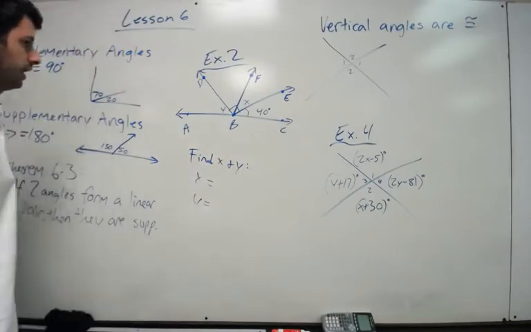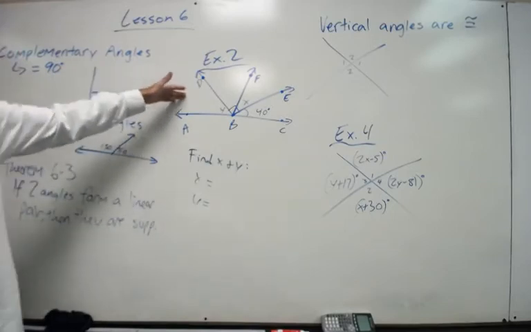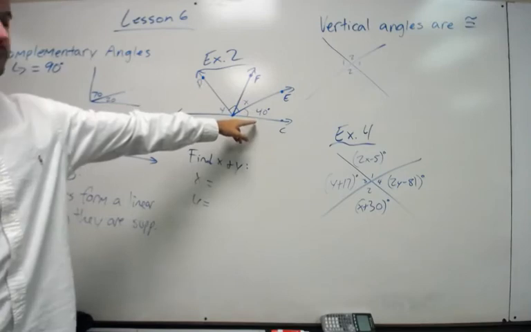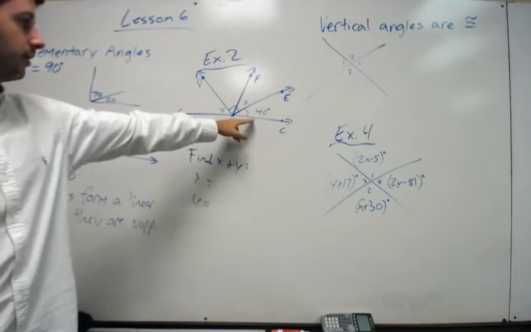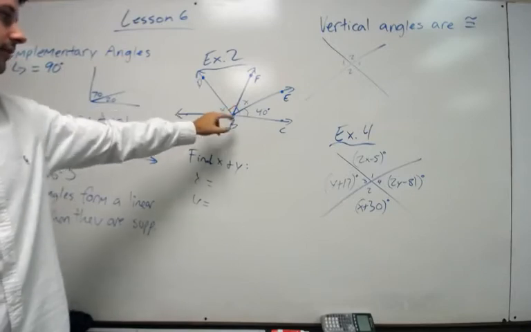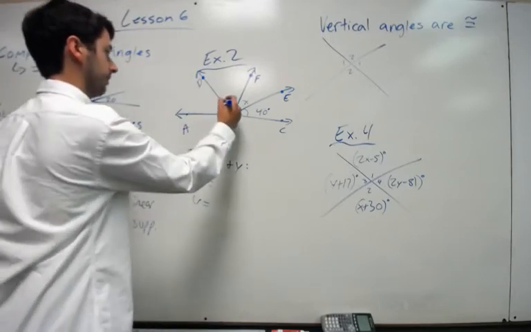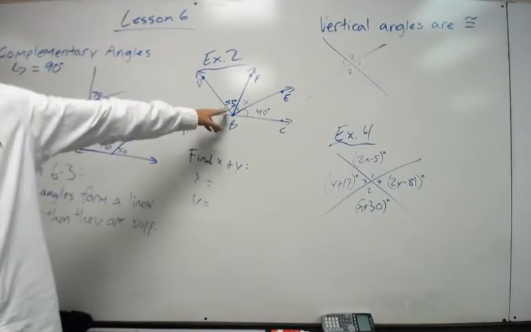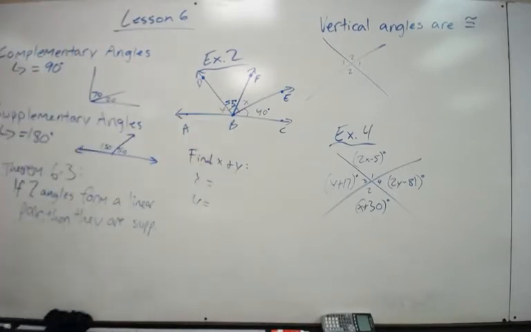So we got to look at the problem and see what it gives us. Well, it gives us 40 degrees as one angle measure. And then it also gives us this symbol right here, this box. Well, I forgot one measure. It also gives us 55 degrees. But it gives us this box. And what that box means is it is a right angle.